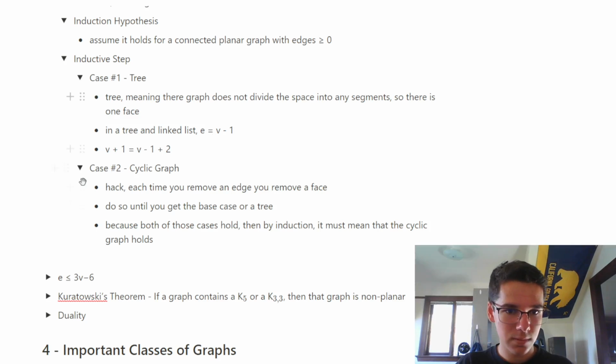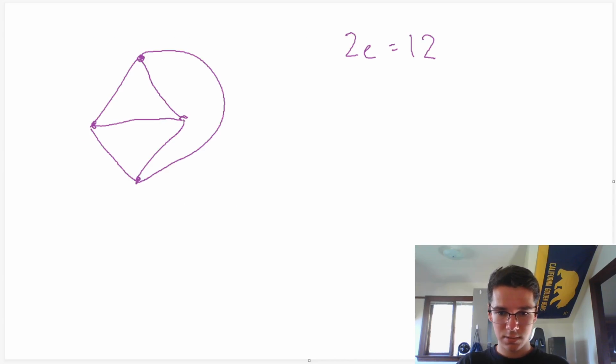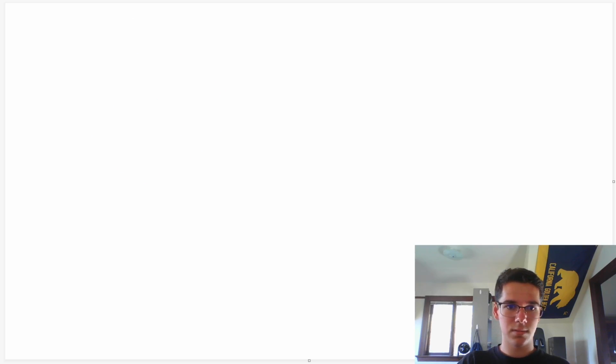But enough talking about the proof, let's get an intuitive understanding of why this works. So to do that, I'm going to draw out just 2 examples. This one is going to be a planar graph that looks like this.